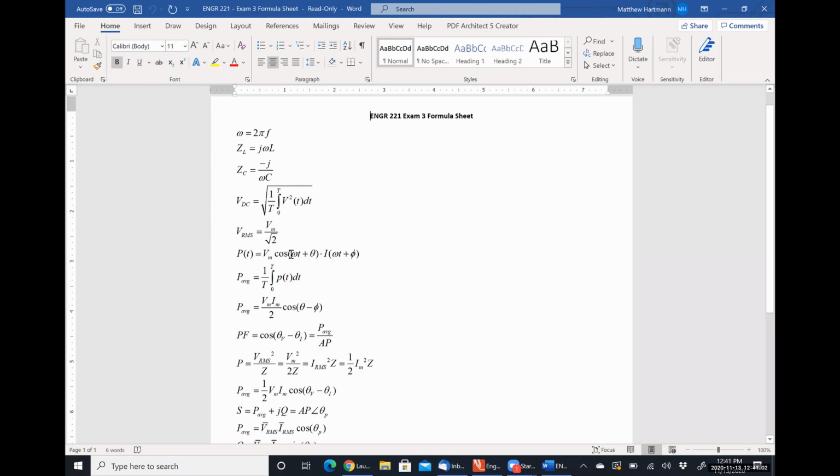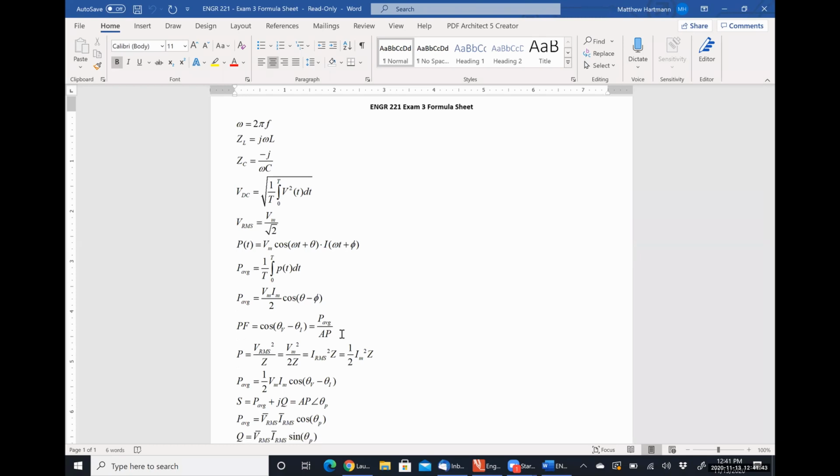Power is the product of a sinusoidal voltage and a sinusoidal current, but for some reason he doesn't have the Im cosine omega t plus phi for whatever. Average value of the power is the integral of the power over one period divided by the period. That's technically true for any periodic function, regardless of whether it's power, voltage, current, etc. Power factor is defined as the cosine of theta v minus theta I, which is true, or also P average divided by the apparent power, which he denotes as AP, as opposed to S without a bar over it.